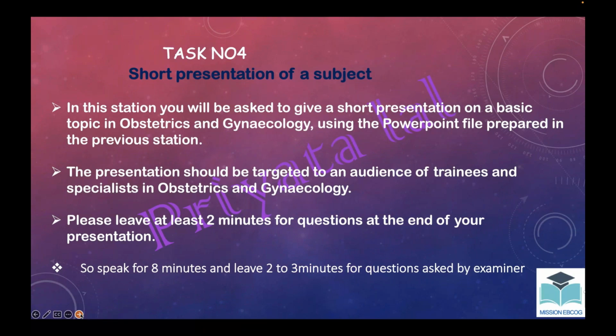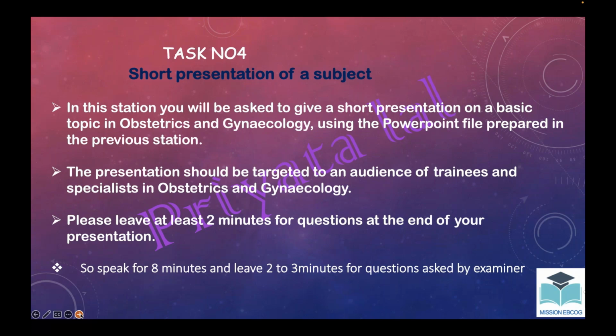There would be a very big room with a very big screen where your presentation is shown. Transferring your presentation from the task number 3 computer to the task number 4 computer will be done by the people who help you. But the making part has to be done by you, and the speaking also by you.